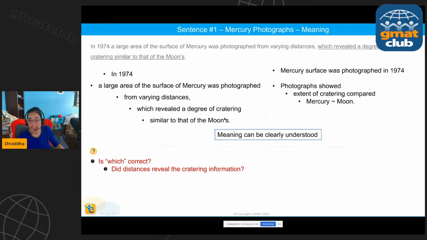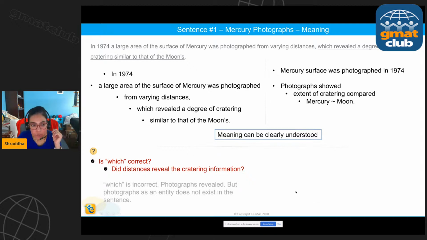But that is not correct, because from the context of the sentence, I can understand that the photographs that were taken probably revealed the degree of cratering. So I know for sure that the usage of this noun modifier "which" is absolutely incorrect here, because the varying distances did not reveal the cratering. It is the photographs that did so.